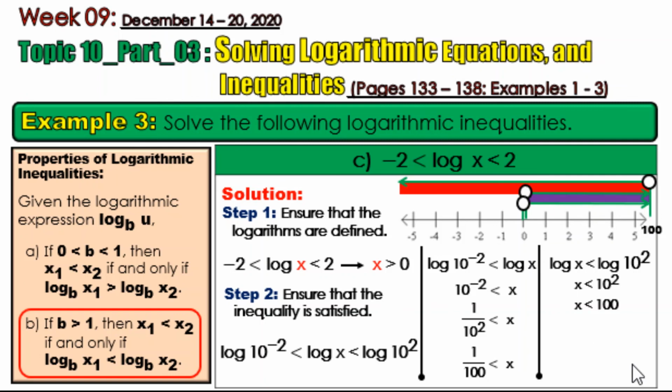Therefore, the intersection of the three intervals must be x between 1 over 100 and 100, or this is the interval notation. So you can only find your solution set between 1 over 100 and 100. That is for example number 3, letter C.